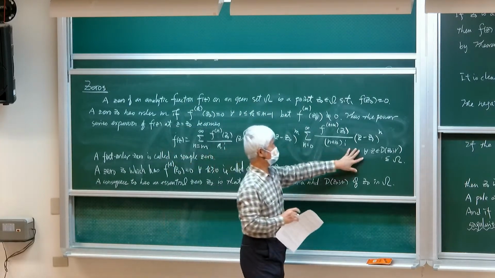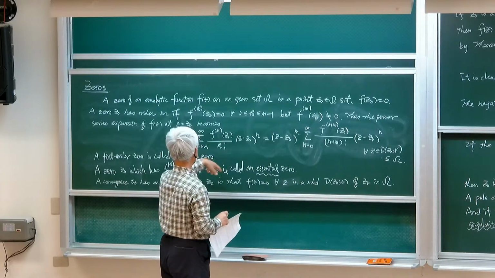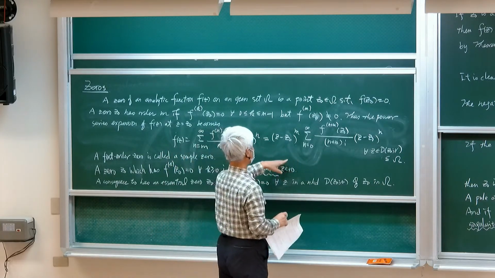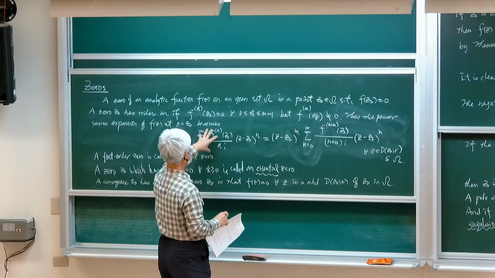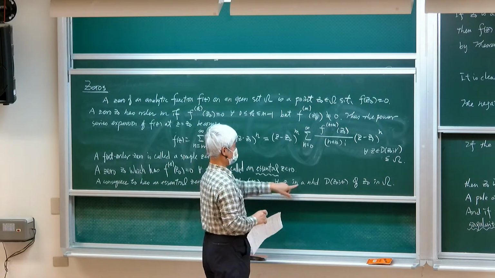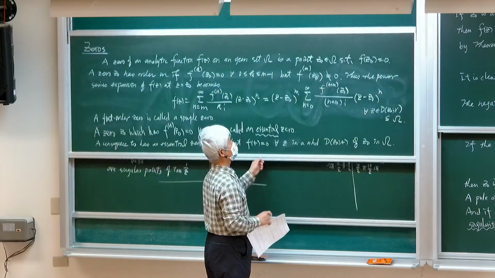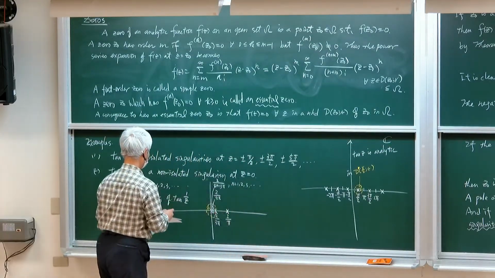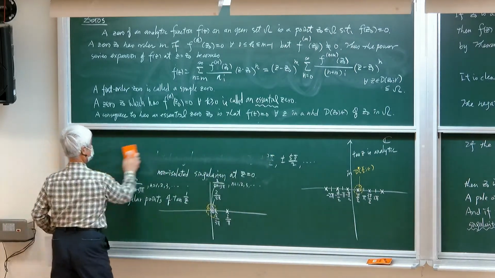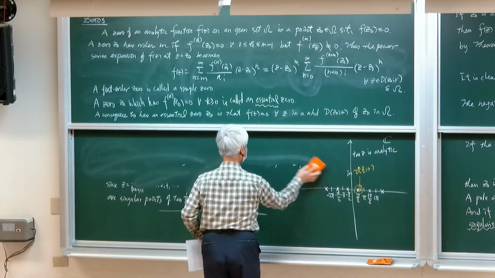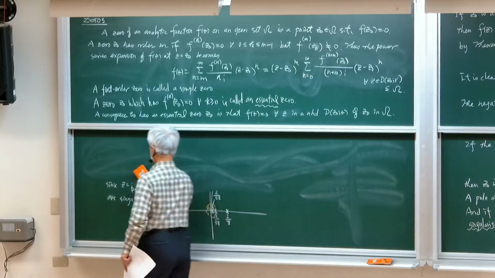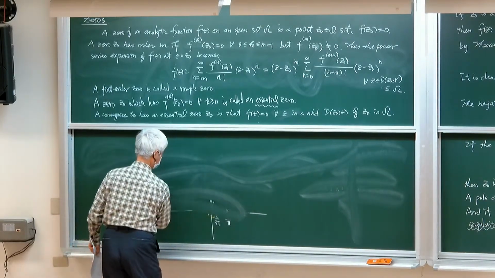If all the derivatives are zeros, then f of z will be 0 in a neighborhood. So to have an essential zero is unusual, which means the analytic function is 0 in a neighborhood of this essential zero.